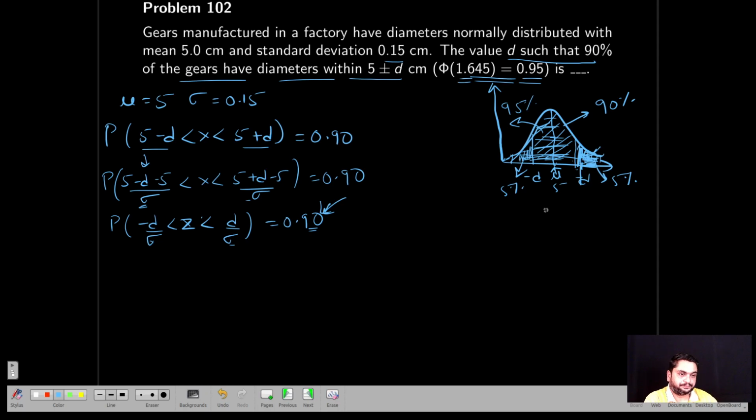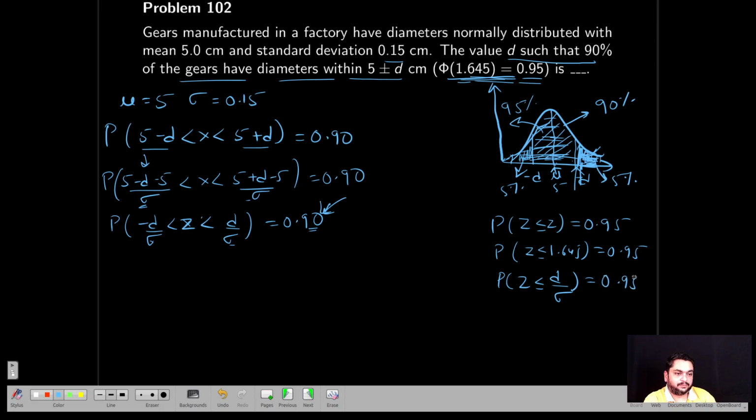So now, what exactly does this mean? P of Z less than or equal to 1.645 is equal to 0.95. So P of Z less than or equal to D by sigma is equal to 0.95.